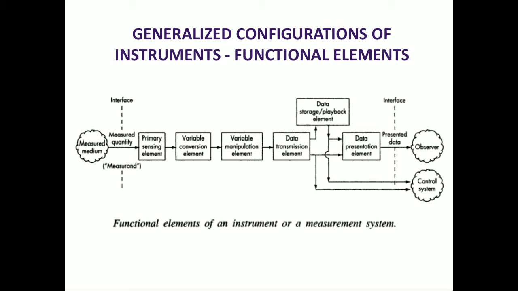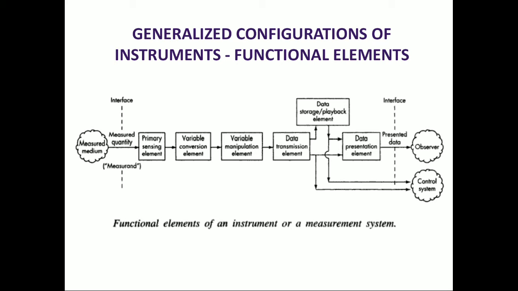And in between you can see a data storage or playback element, which is an optional element. In some instruments we will be able to store the data, or take a control action based on the data available. So that is the role of the intermediate block, the data storage or playback element.